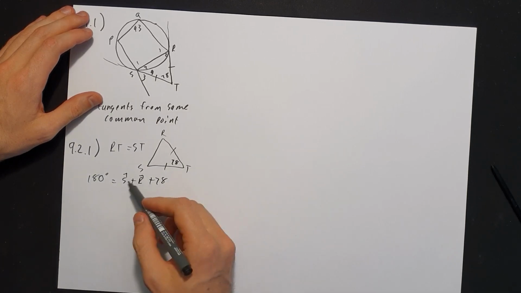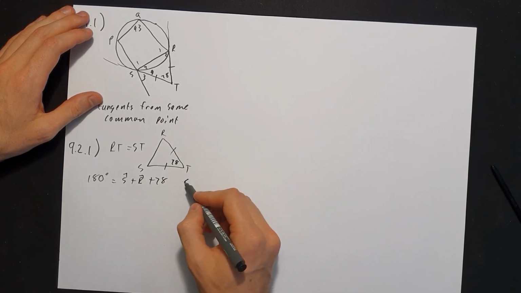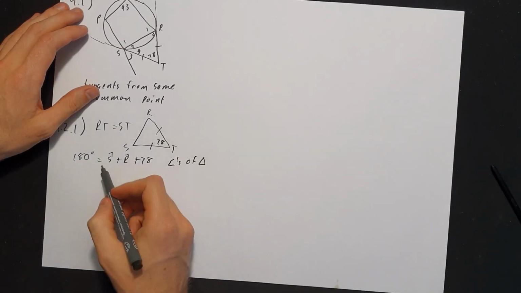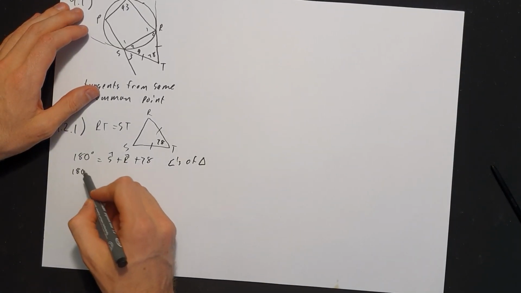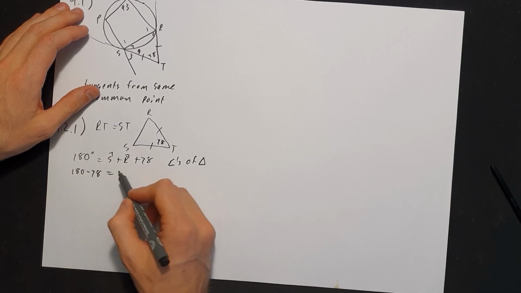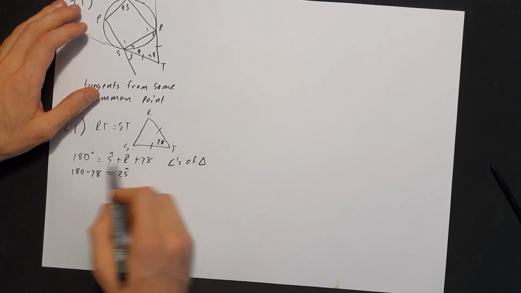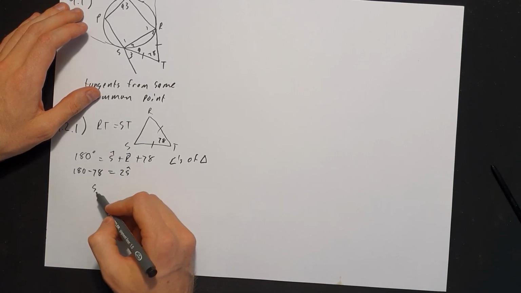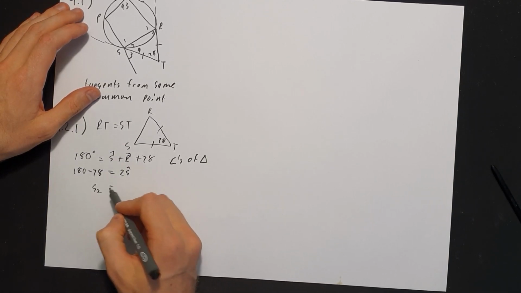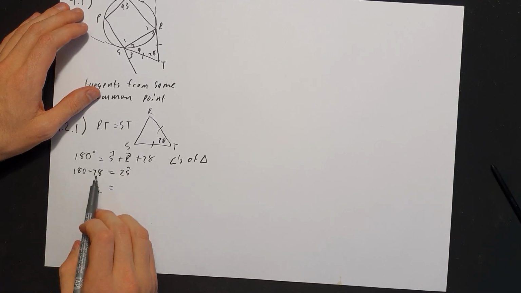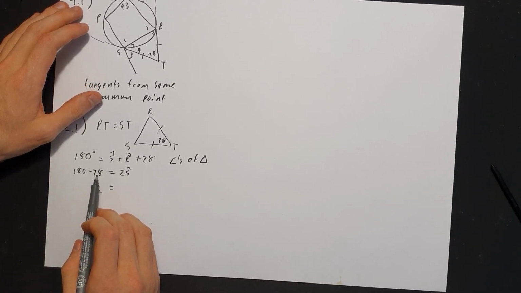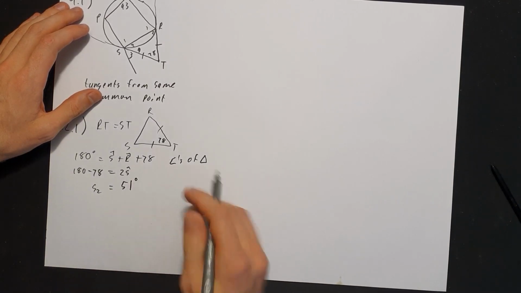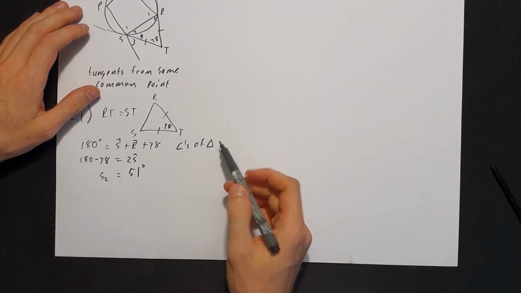But we know that S equals R, so angles of a triangle. Which means we end up with 180 minus 78 equals 2 times S, because R and S are equal. So S2 is going to equal 180 minus 78, which gives you 102, divided by 2 gives you 51. That's because of angles of a triangle.